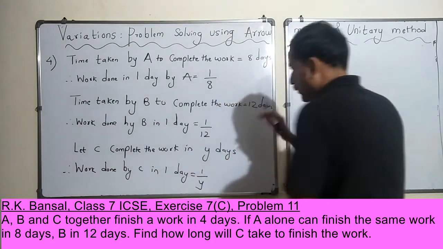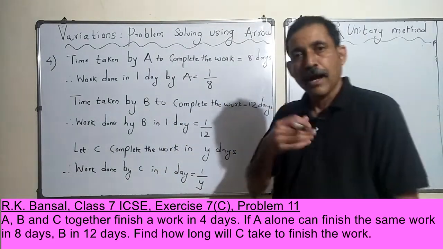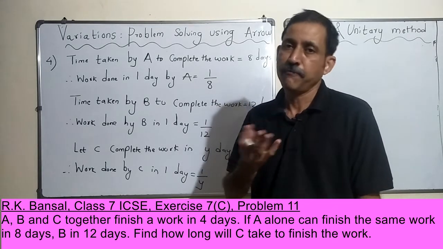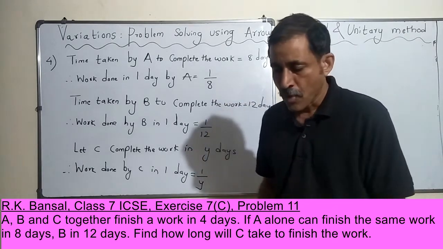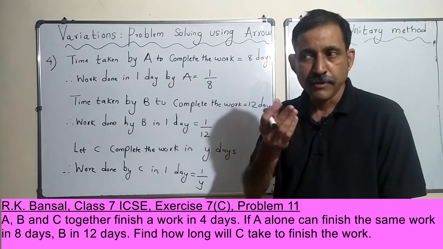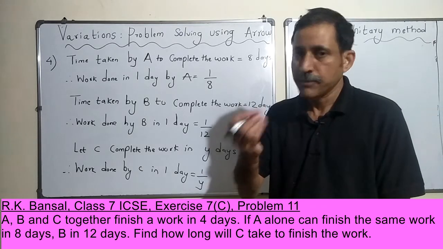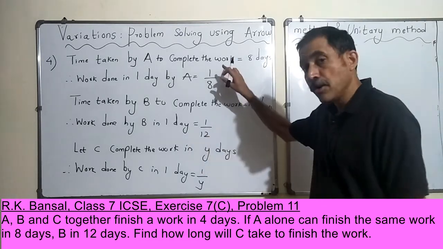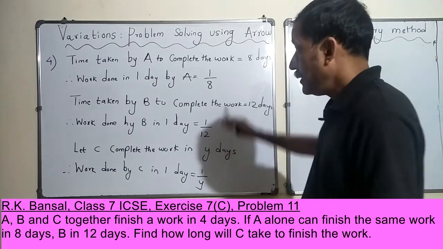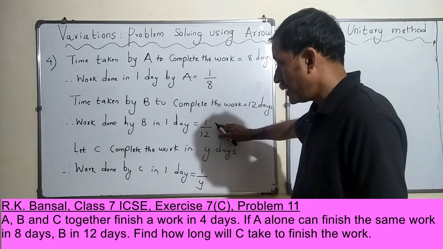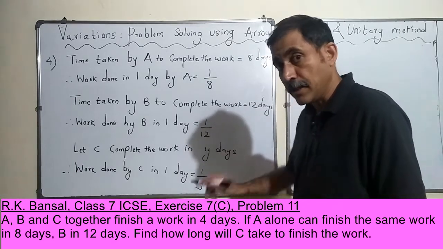Now if they work together, right? Let's say I and you work together. I do half the work and you do half the work, right? Half plus half, work is complete. Or if I do 1/4 of the work and you do 1/4 of the work, 1/4 and 1/4 becomes half actually. So we do half of the work. So similarly, if they are all put into the field, this guy in 1 day will finish 1/8, this guy will finish 1/12, and this guy will finish 1/Y in 1 day.